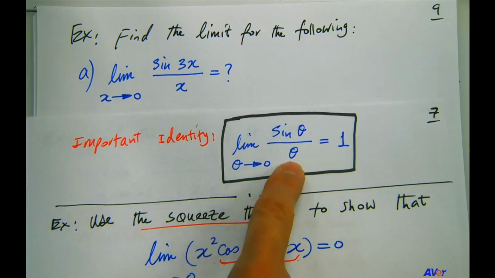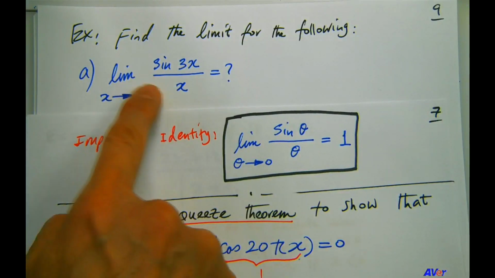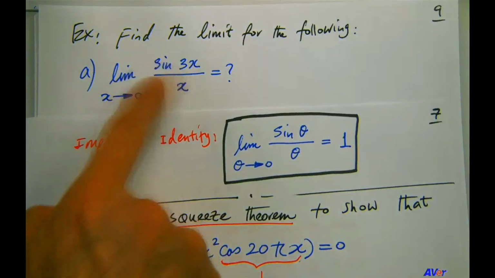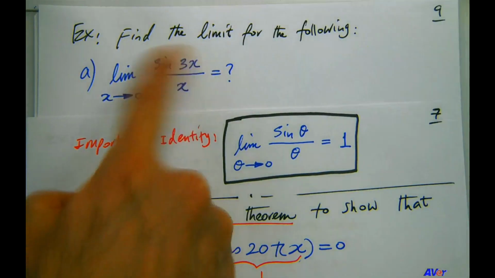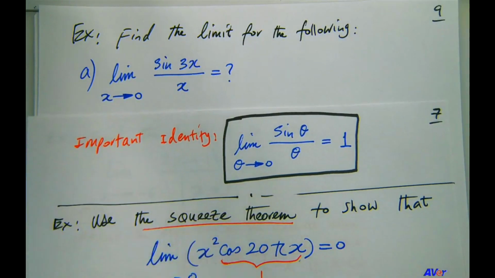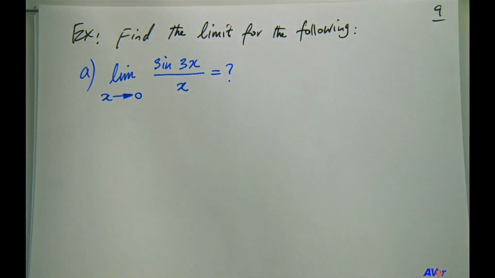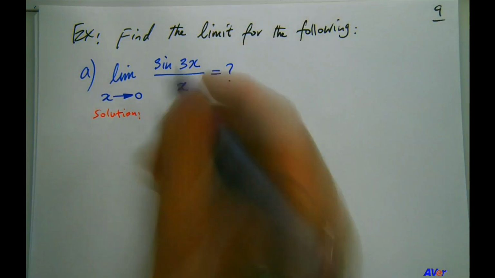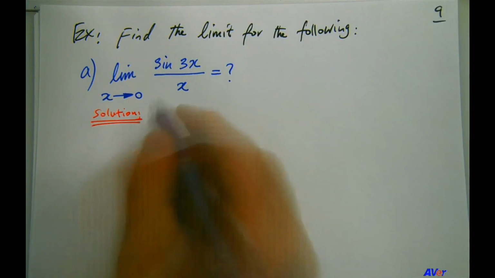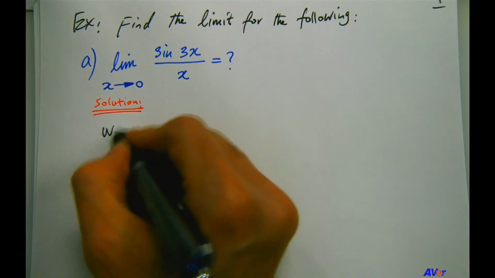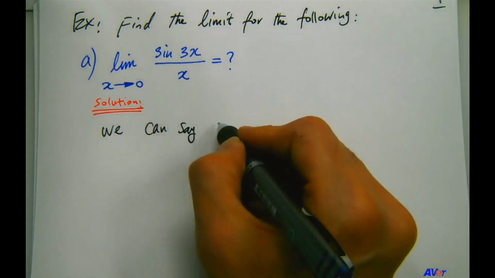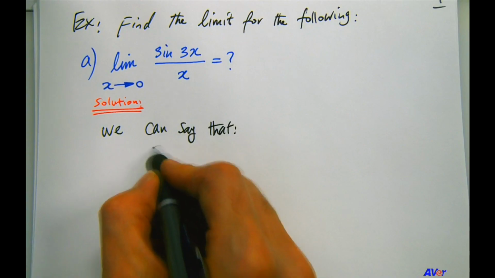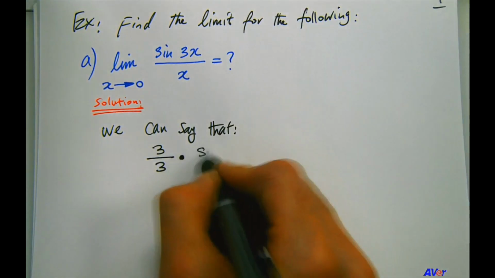Right now, this expression is not there. So we couldn't apply this identity right away, but it's really easy to modify this expression such that we can apply this identity. We can simply multiply this by 3 over 3, which means multiplying this expression by 1, which doesn't change anything, right? We're allowed to do that. So let's do that. So we can say that 3 divided by 3 times what we have, right?